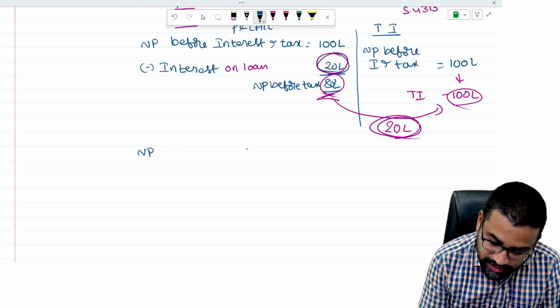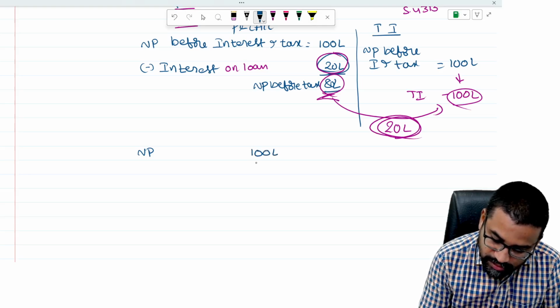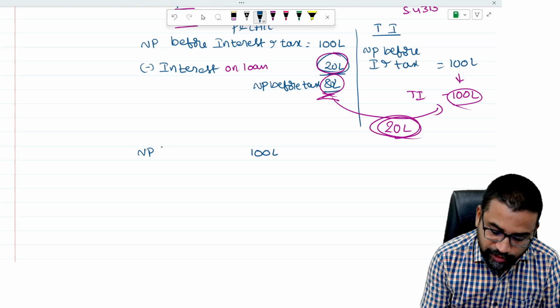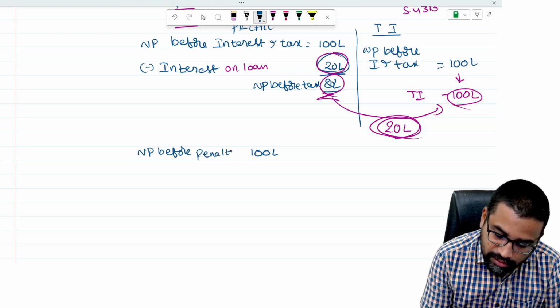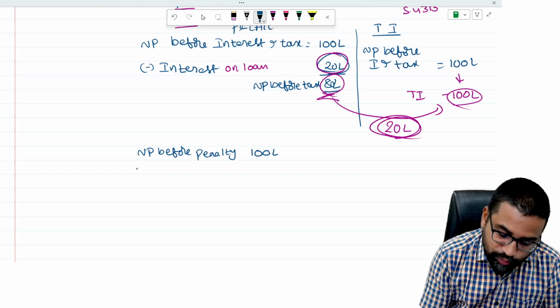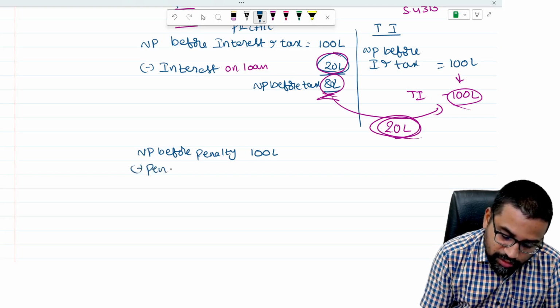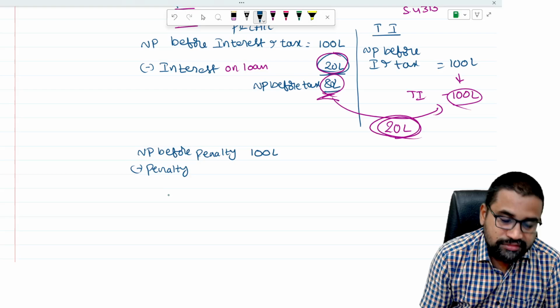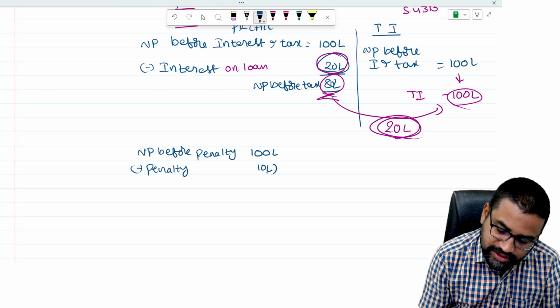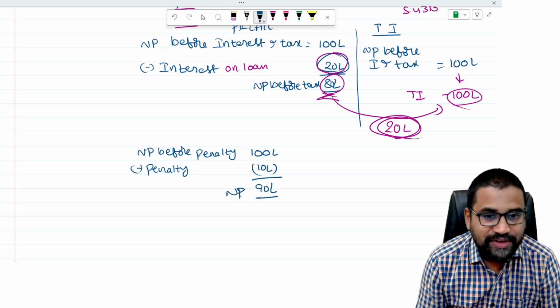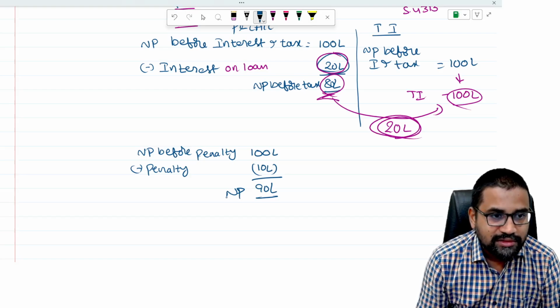Suppose net profit before penalty is 100 lakhs as per P&L account. Now we paid penalty for violation of law. See, for violation of law we paid penalty 10 lakhs. So we debit to P&L account. So what is my net profit? 90 lakhs as far as the P&L account is concerned.